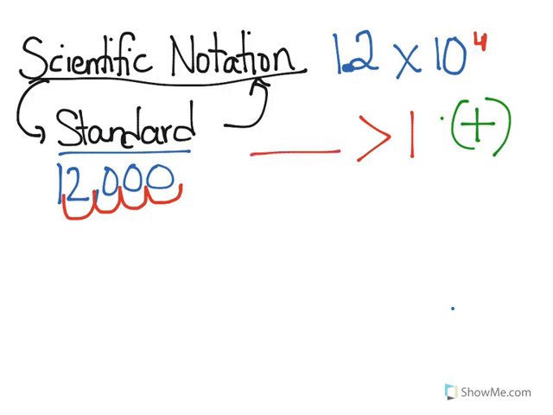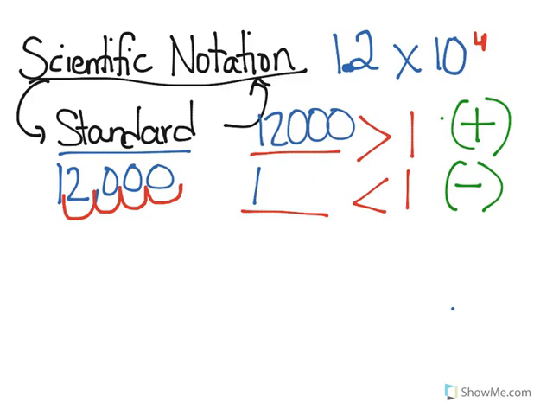If your number is less than 1, your exponent is going to be negative. So, is 12,000 greater than 1 or less than 1? Oh, it's greater than 1, Miss Cuban. Okay, then that means our exponent is positive 4.